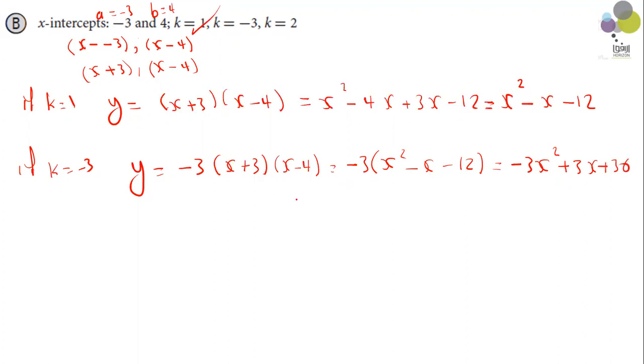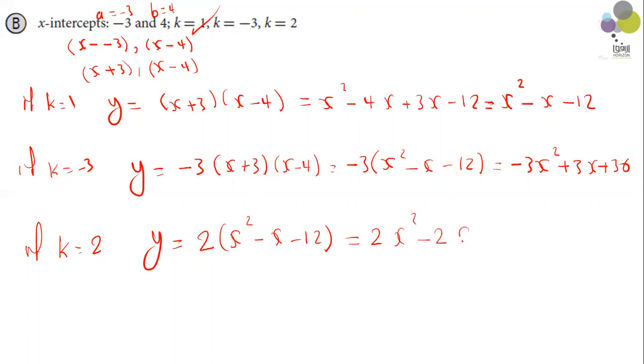So this is if k equals negative 3. If k equals 2, so y equals 2 multiplied by the product of two linear factors, x squared minus x minus 12 directly. So 2 multiply x squared to 2x squared minus 2x minus 24.